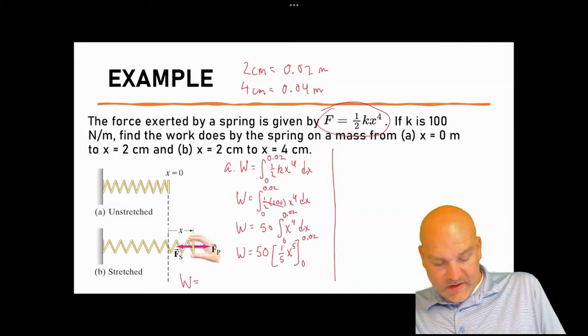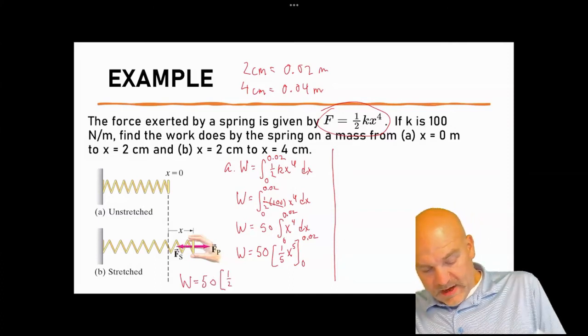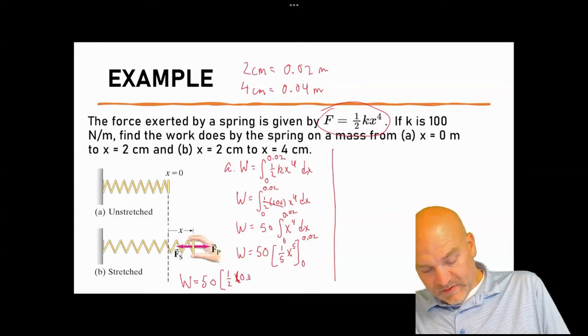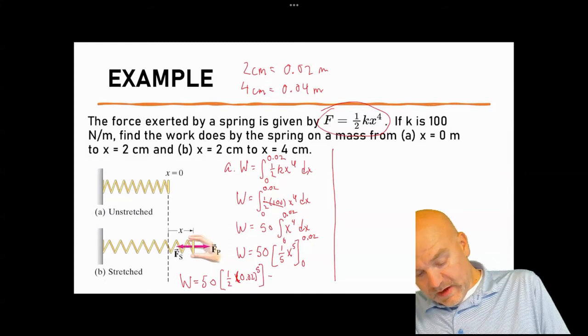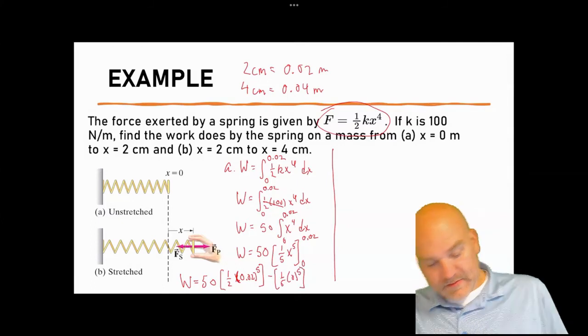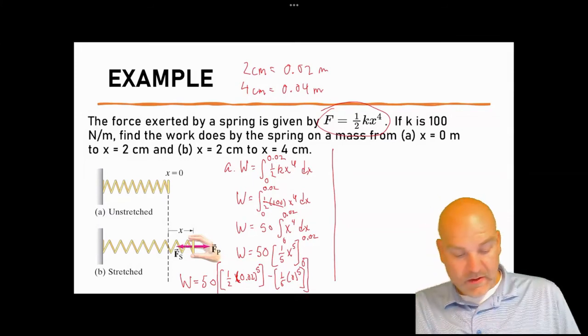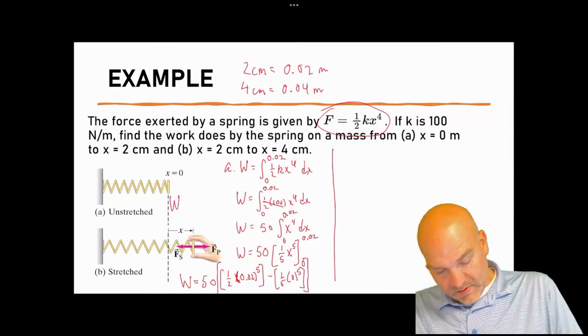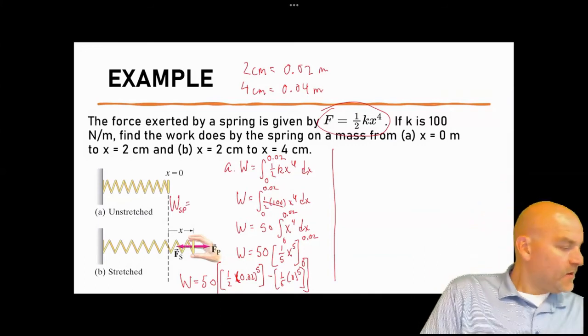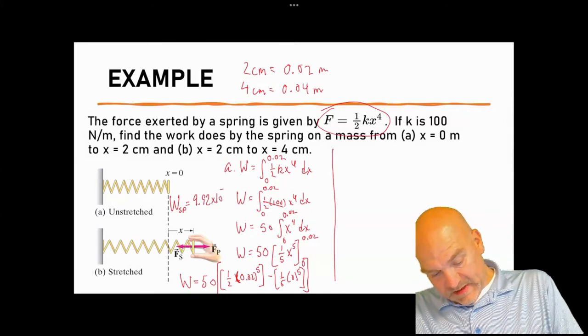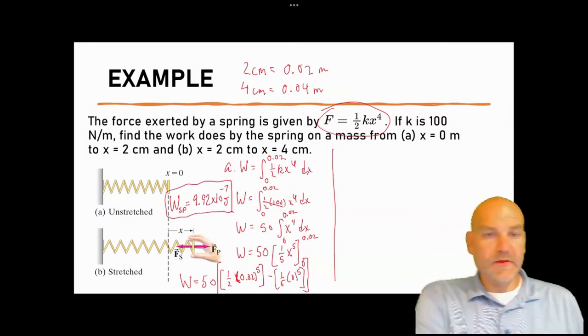It's going to be 1/5 times 0.02 to the fifth minus 1/5 times 0 to the fifth, and then the whole thing is going to be multiplied by 50. I'm running out of room. So the work done by the spring in this case would be 9.92 times 10 to the negative 7th joules, or newton meters.